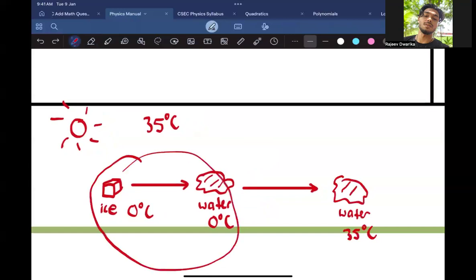So this process over here, was there a change in temperature? No. I'm going from a solid to a liquid.